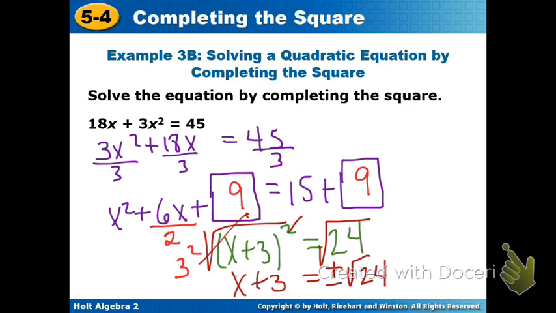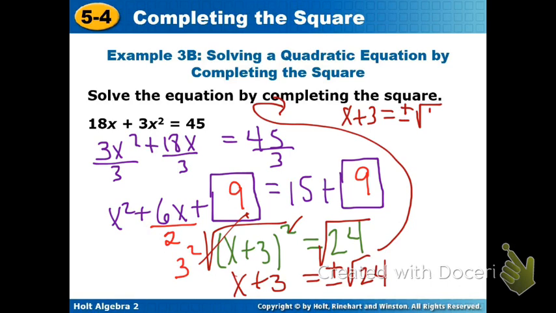Now, can we simplify that 24 down? What are you going to use? No. So what's the perfect square that's inside it? 4. Okay, so I'm going to come back up here. I'm out of room. Sorry, guys. So we have x plus 3 equal to the plus or minus square root of 24.